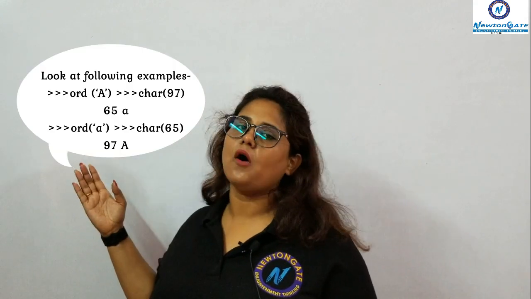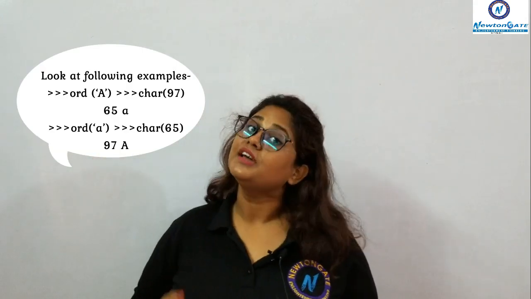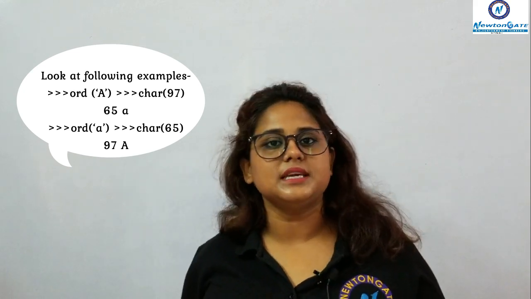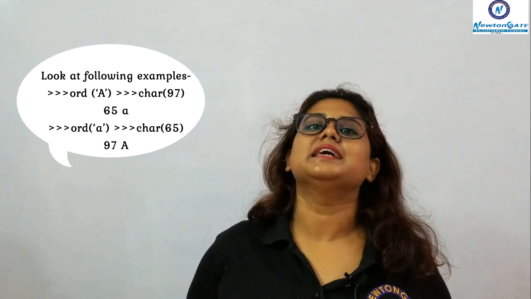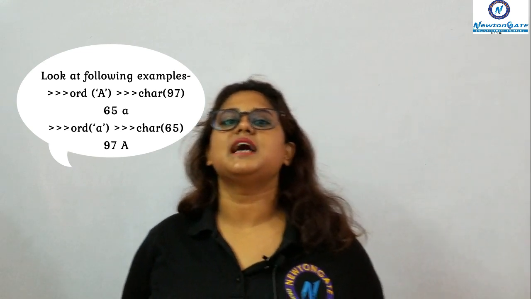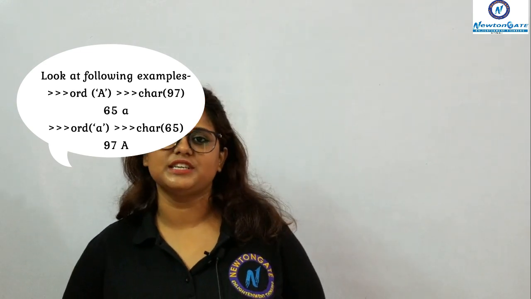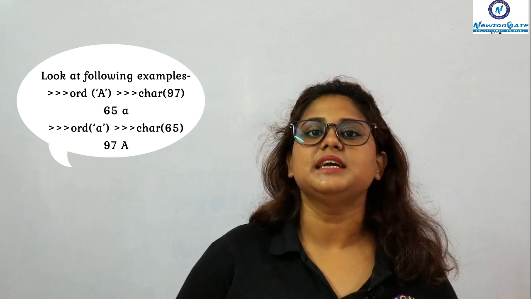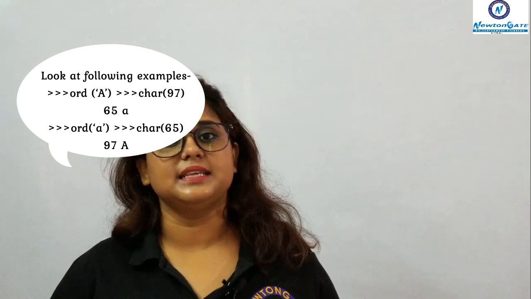Next, how do we get ordinal or Unicode values? That we write ord, and then in the brackets we give A. If we give A, then the value 65 will be returned. That is the ASCII, American Standard Code for Information Interchange value of the particular character capital A, that is 65.